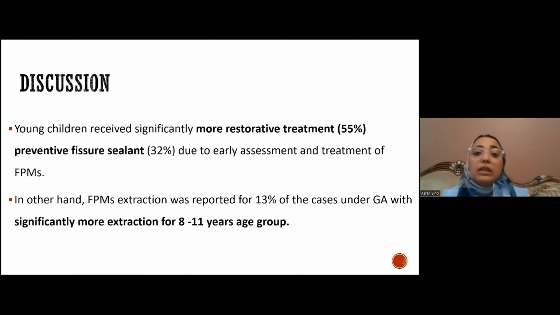Young patients received significantly more restorative treatment, at 55%, and preventive fissure sealant, at 32%, due to early assessment and treatment of the first permanent molar. On the other hand, first permanent molar extraction was reported in 13% of the cases under general anesthesia, with significantly more extraction from age 8 to 11.